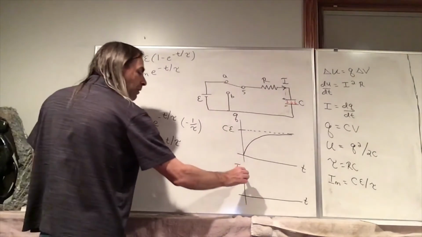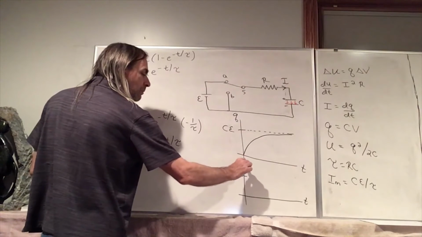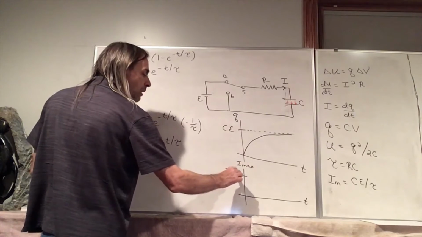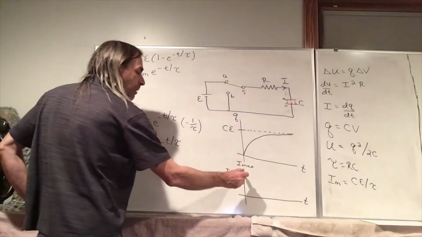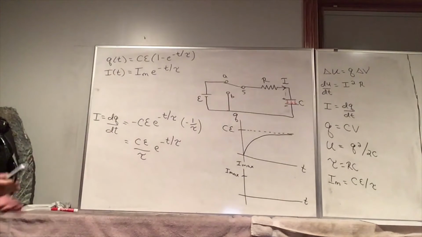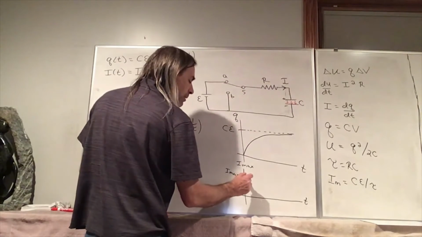So we have Imax here. Let's say we flip the switch at t equals 0. According to these equations, as soon as we flip the switch, the current jumps up to Imax. So it just jumps instantaneously, which should cause a little bit of concern. But then as time increases, the current decreases.